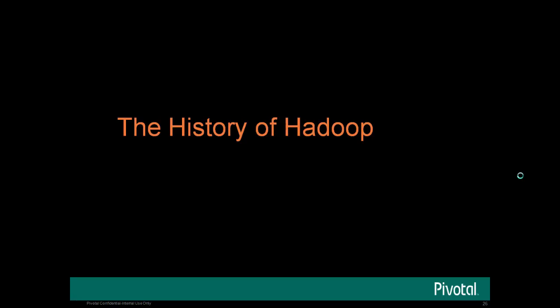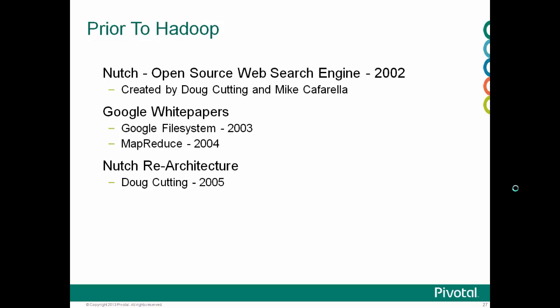The history of Hadoop. Prior to Hadoop, there was an open source web search engine named Nutch that was created by Doug Cutting and Mike Cafarella in about 2002. In 2003 and 2004, Google released both the Google File System and MapReduce white papers.